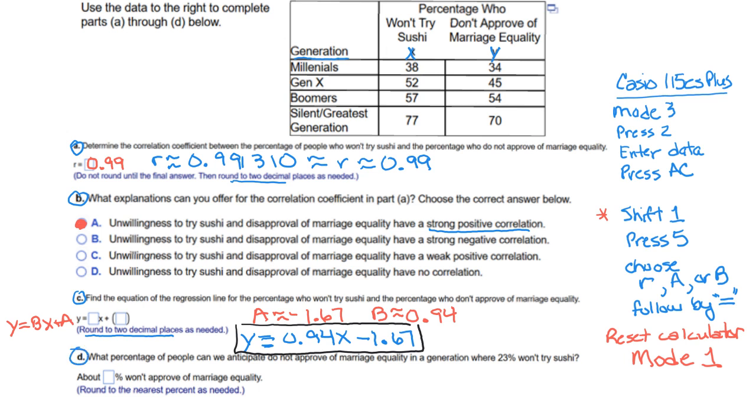Part D says, what percentage of people can we anticipate do not approve of marriage equality in a generation where 23% won't try sushi? All right, so remember, if you look at the top chart there, all these values are percentages. So when they're saying that 23% won't try sushi, all we're doing is substituting in the value 23 for X into the equation we just created.